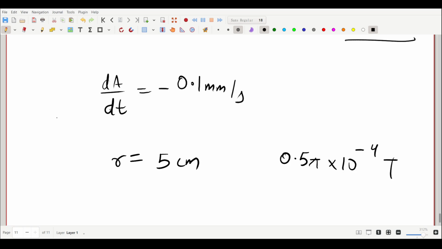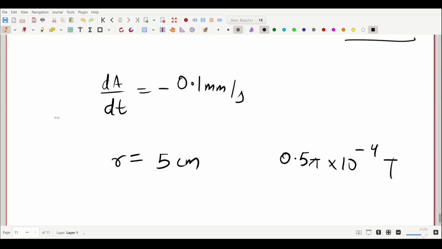Let me know once you get the answer. See, for finding the EMF, which the question is also asking, the only formula we know is d phi over dt. If we don't know d phi over dt, then somehow we are going to find d phi over dt by using something else, which is area.